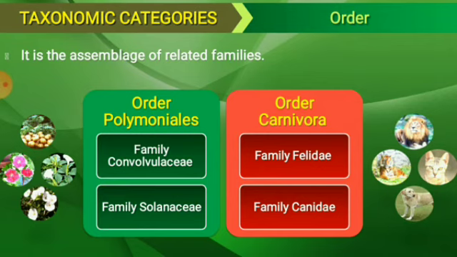Felidae includes the cat-like organisms, whereas Canidae represents the dog-like organisms. All of them are placed in the same order, that is Carnivora. Similarly, in case of plants, the order Polymoniales includes the family Convolvulaceae as well as the family Solanaceae.